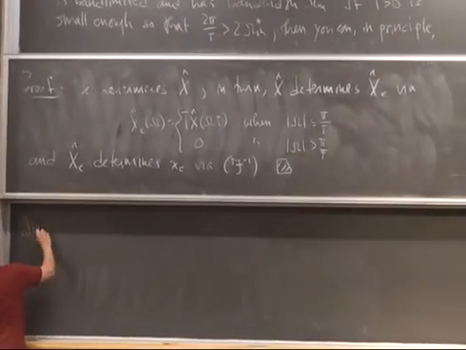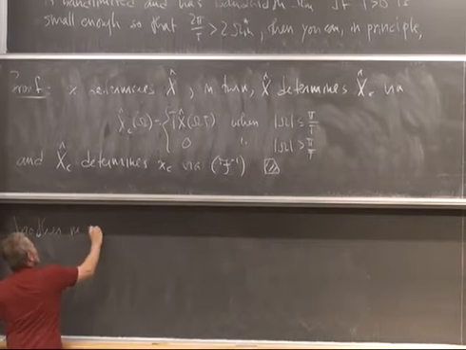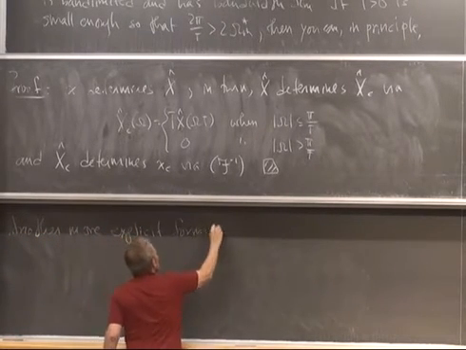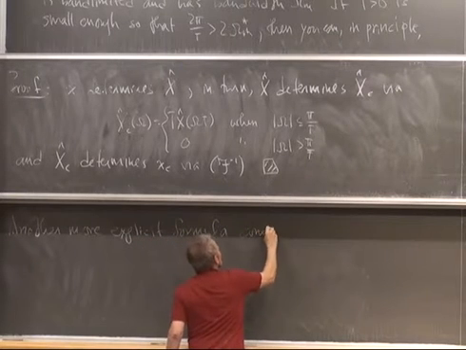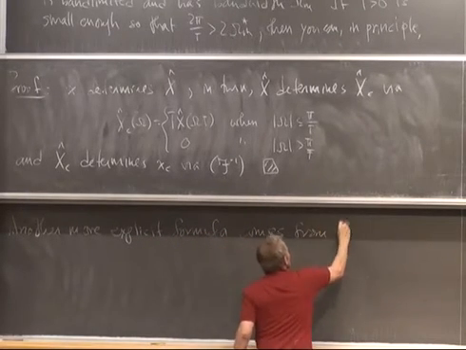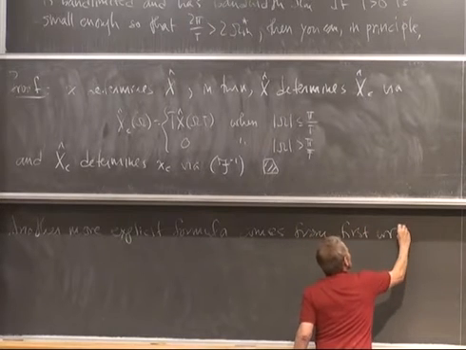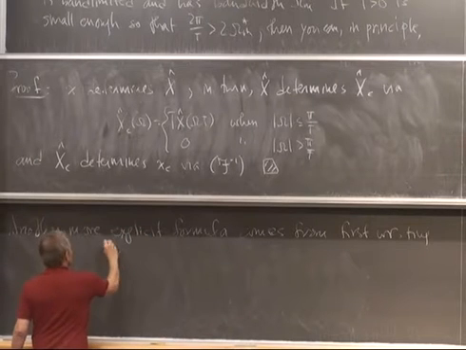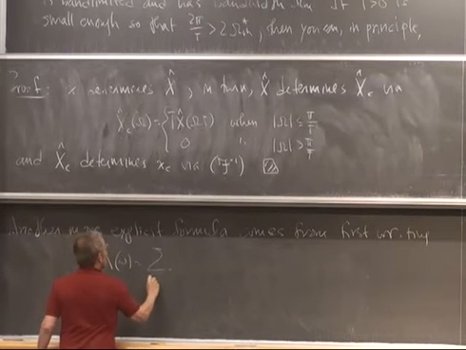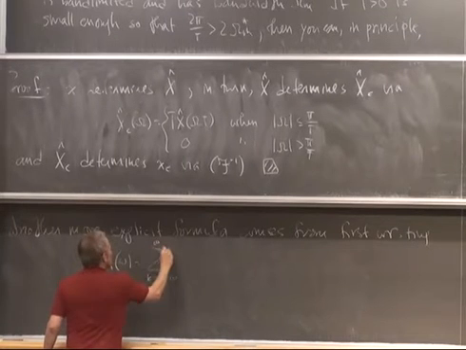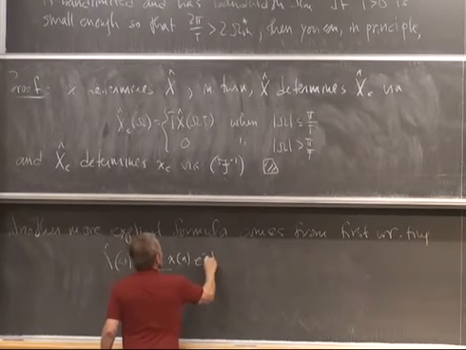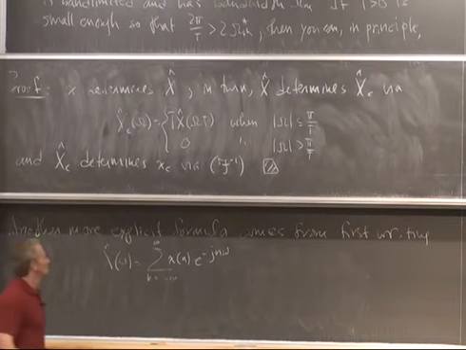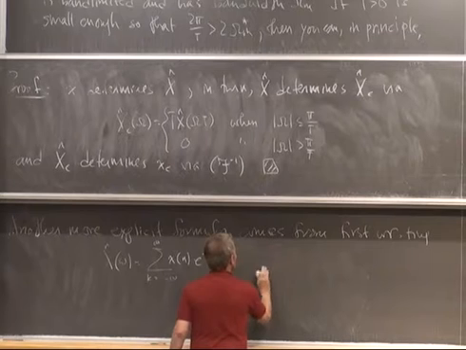Another, more explicit formula comes from first writing x hat of little omega equals the sum from n equals minus infinity to infinity of x of n e to the minus j n omega, for all little omega.